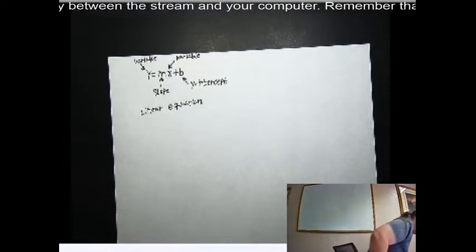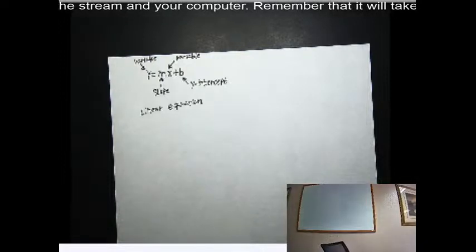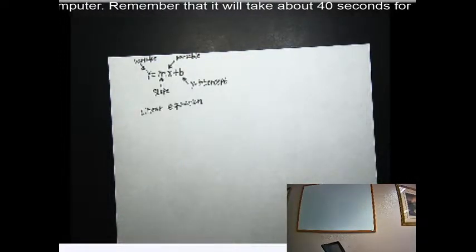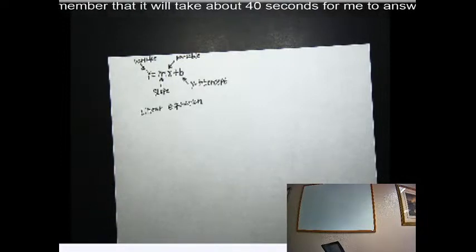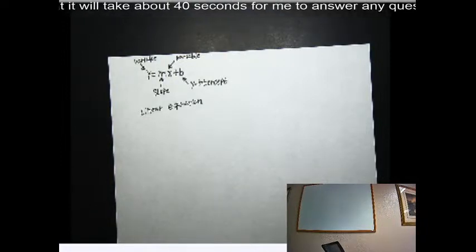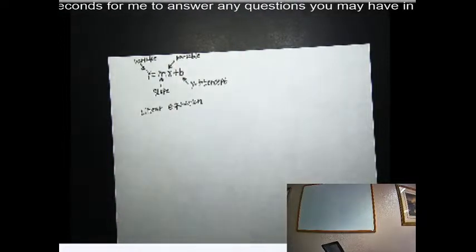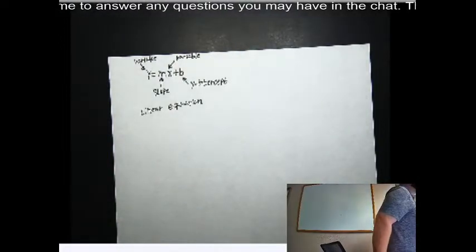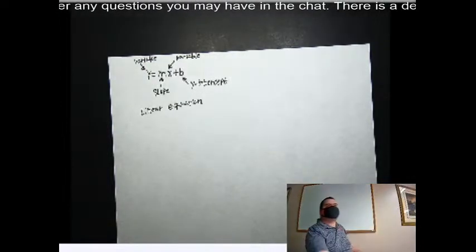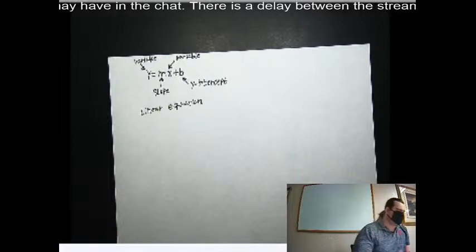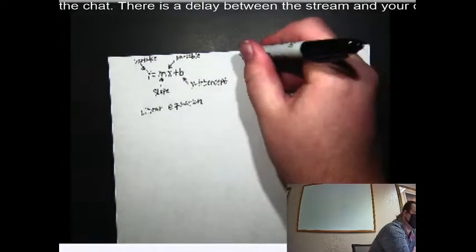I'll point it out. It's right here. So it's the exact same equation, it does the exact same things, you just have different names for two of our numbers. So I'll write it here.